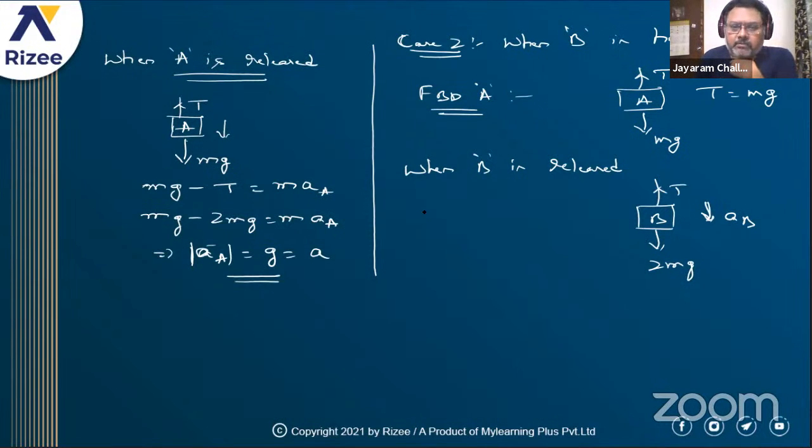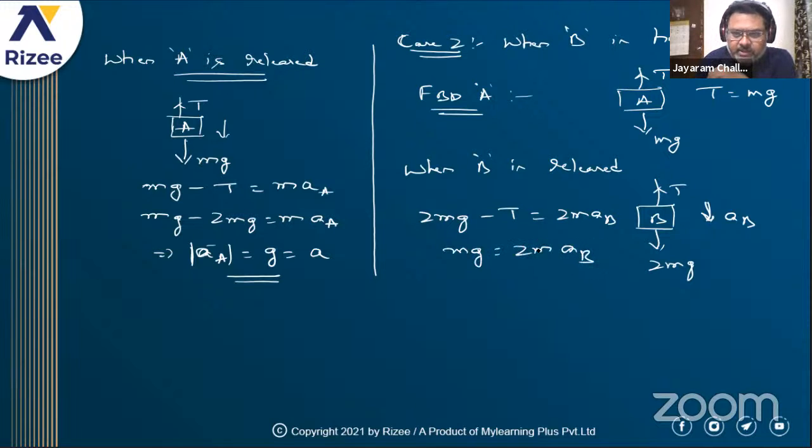So it's going to be 2mg minus tension is equal to 2m into the acceleration of B. Since T is equal to mg, substitute here, so it will become mg is equal to 2m into the acceleration of B. Remove these two things. So the acceleration of B will become g by 2.